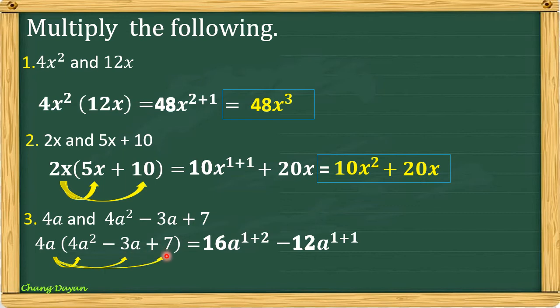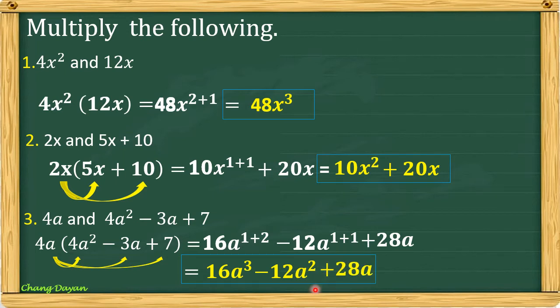Next, 4a multiplied to 7. And we'll get 28a. Simplifying this, we'll have 16a raised to 1 plus 2 is 16a cubed. Next is minus 12a squared. Since we add 1 plus 1 here, it becomes 2. Then just copy 28a. Therefore, our answer is 16a cubed minus 12a squared plus 28a.